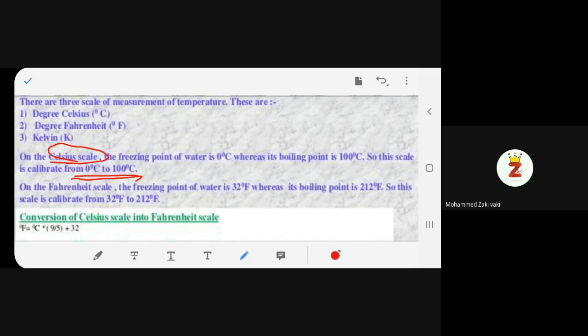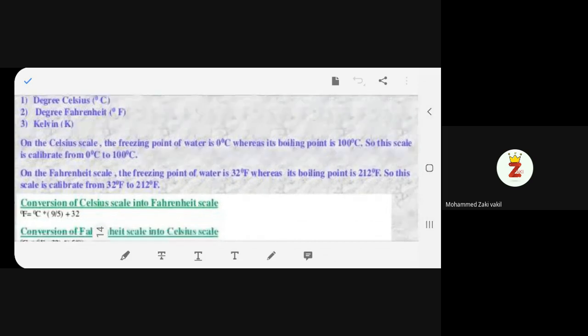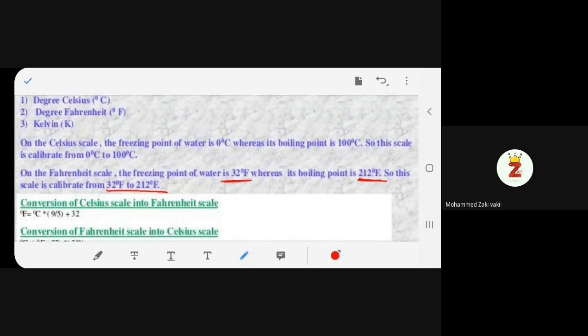Now we talk about the Fahrenheit scale. What is the freezing point in Fahrenheit? 32 degrees. What is the boiling point in Fahrenheit? 212. So what is the calibration? 32 degrees to 212 degrees Fahrenheit. Boys, you have to learn this. Is it clear? Yes, ma'am.